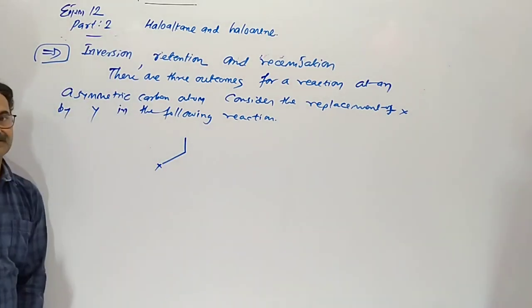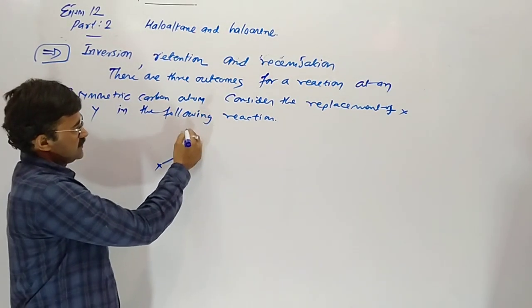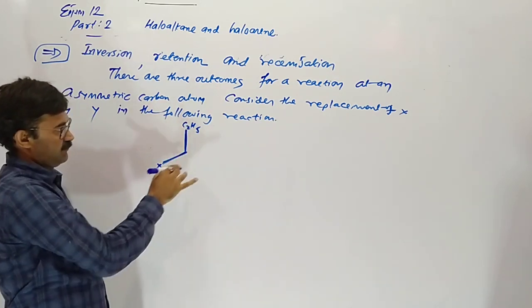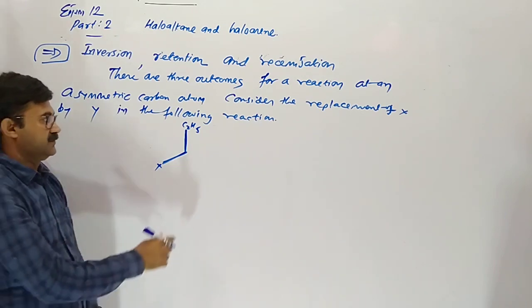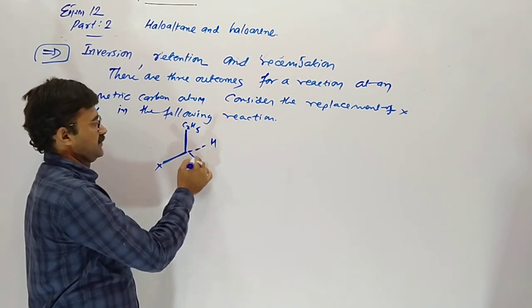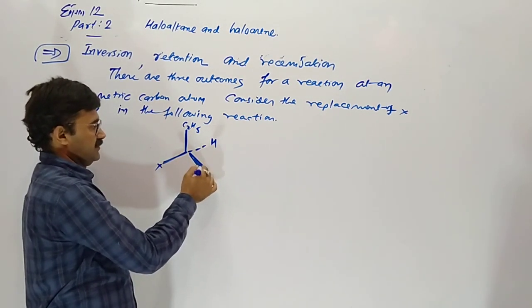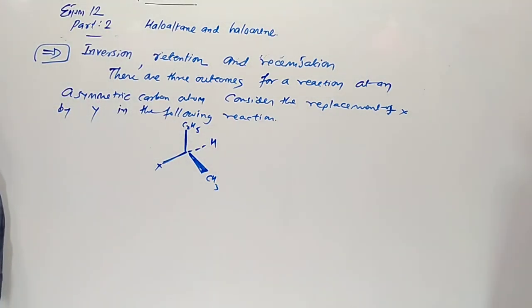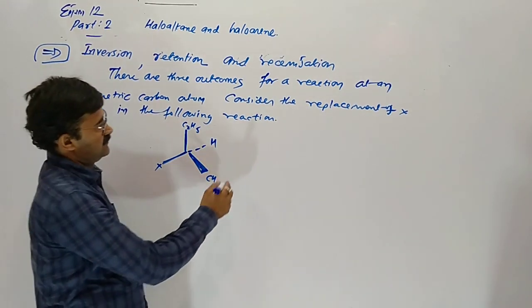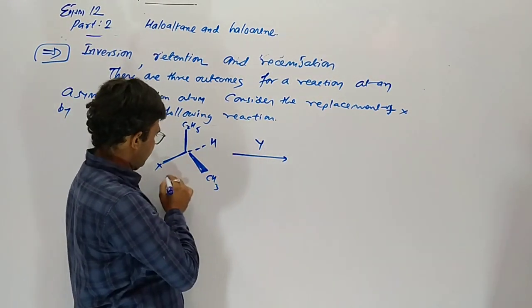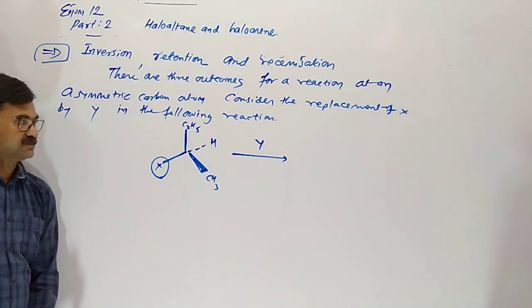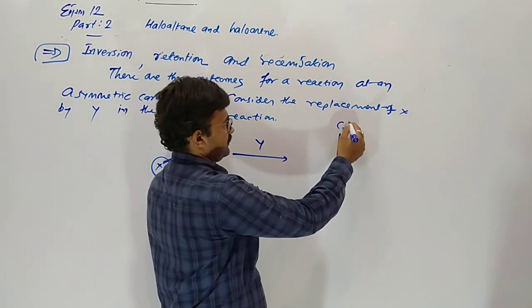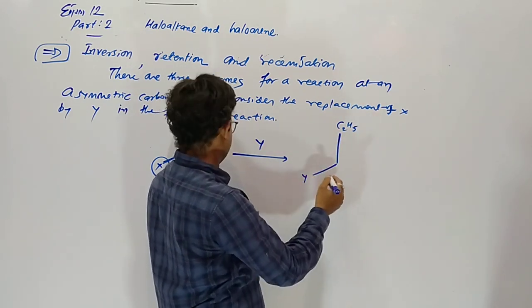Here is X. Here is the ethyl group. This single line indicates the same plane. Dotted wedges indicate behind the plane. Dark wedges indicate in front of the plane. So when X is replaced by Y, after removal of X, Y enters there.